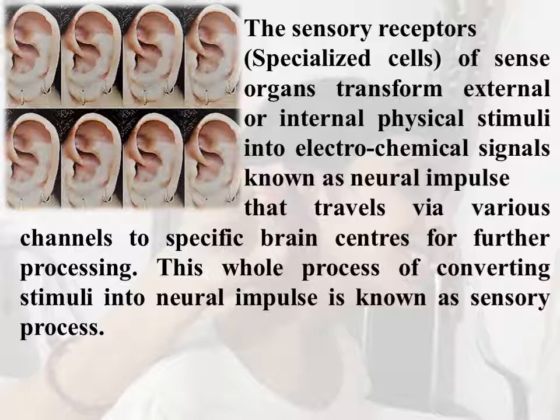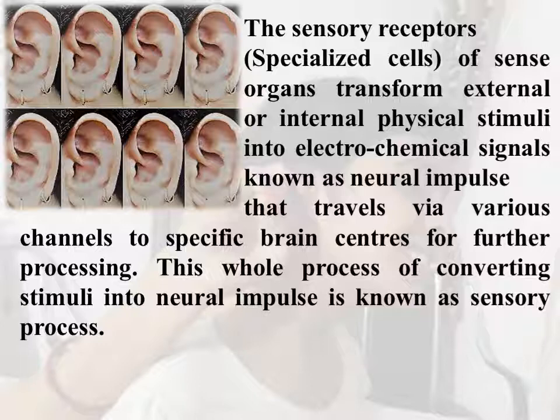So what is that language? They transduce the physical stimulus into electrochemical signals. We call these signals neural impulses. These neural impulses are transported to the brain through various nerves. In the case of the ear, it is the auditory nerve. In the case of your eye, it is the optic nerve. And from there, your brain starts doing activities.